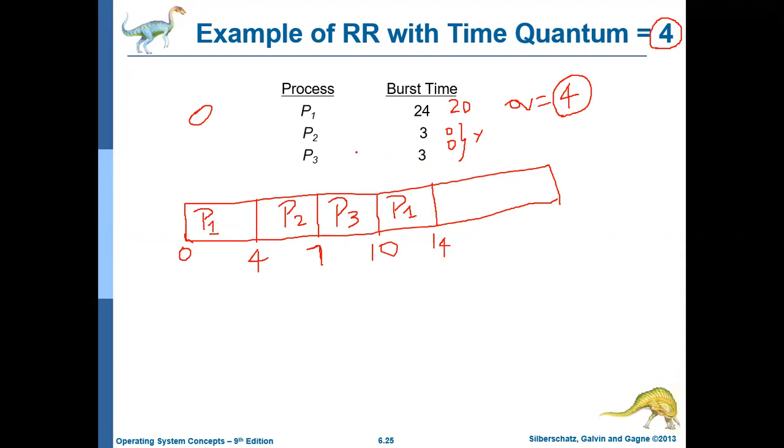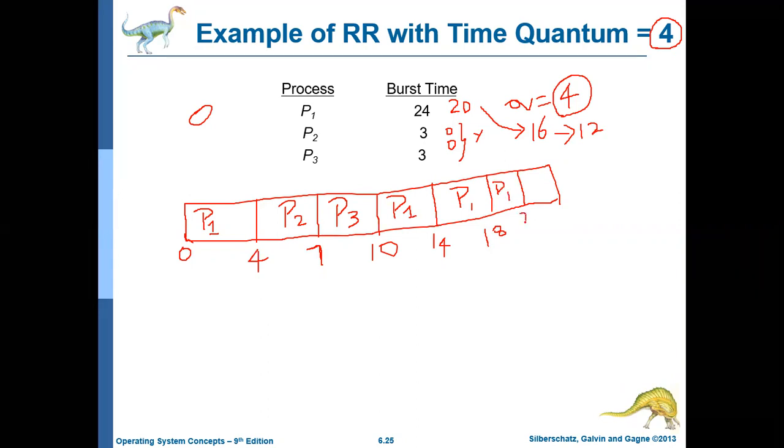Again the operating system will check whether there is any other process in the ready queue. No, so P1 will continue. After 14 milliseconds, it has a remaining 16 milliseconds. It will continue up to 18 milliseconds, after which the remaining time is 12 milliseconds. Then it will continue up to 22 milliseconds.